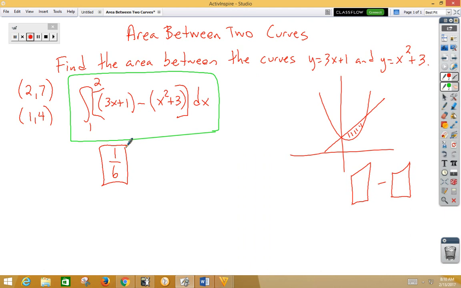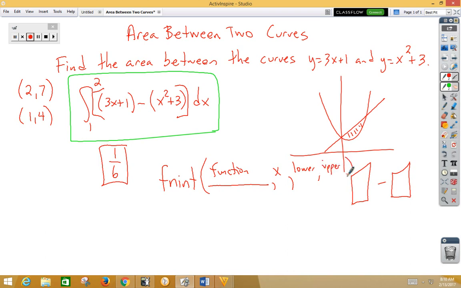If you have an older version of the TI calculator, when you do Math 9, you might get something called fnInt. If you get fnInt, you're going to type in the function you're integrating, comma x, comma your lower bound, comma your upper bound.